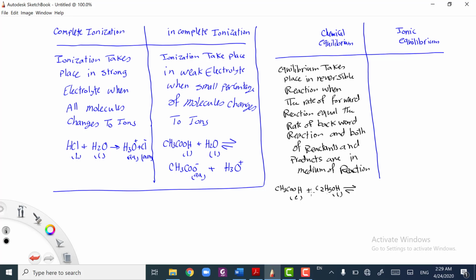During the reaction between alcohol and the acid, the alcohol shares H while the acid shares OH, forming water and CH3COOC2H5, ethyl acetate or ethyl ethanoate. Since these reactions take forward and backward directions, we will find both the reactant and the product in the medium of the reaction.